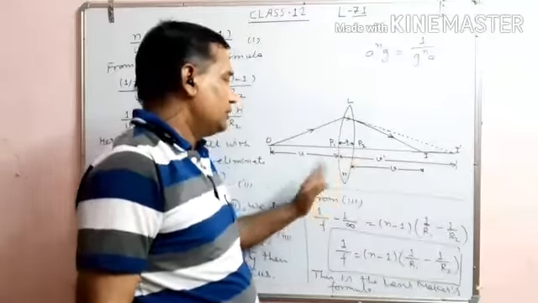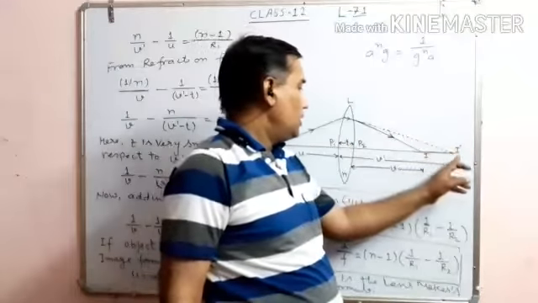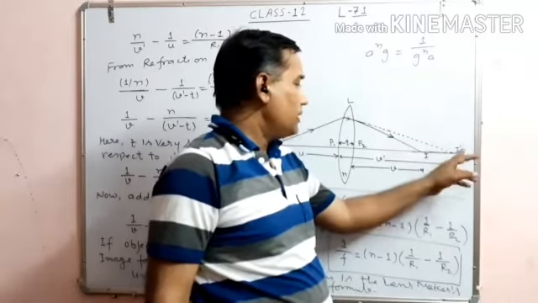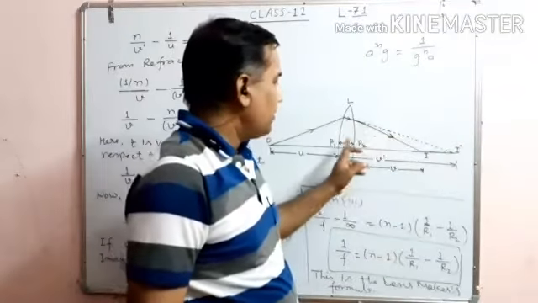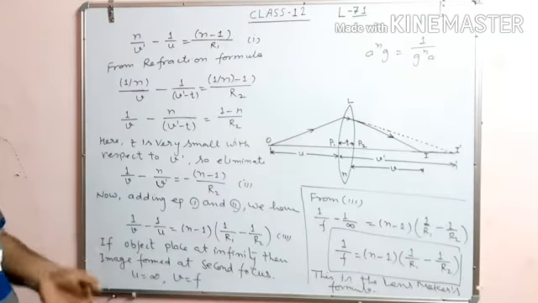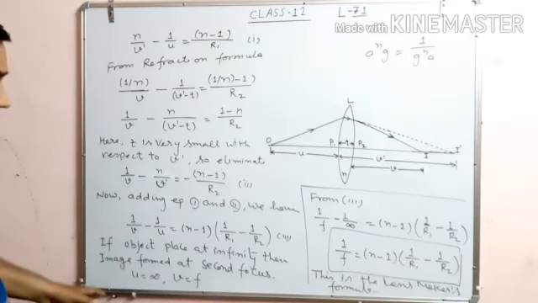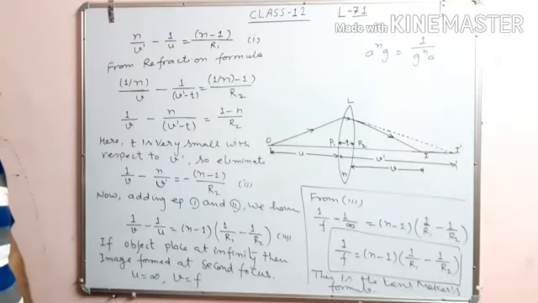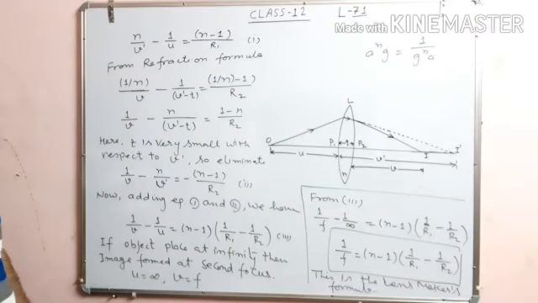In the second case, surface P2 acts on I dash, the virtual image, as a virtual object, and its image will be formed at point I. This is the basic condition which arises here, and on solving we get that result. That formula is very important from the examination point of view, and it is known as the lens maker's formula.